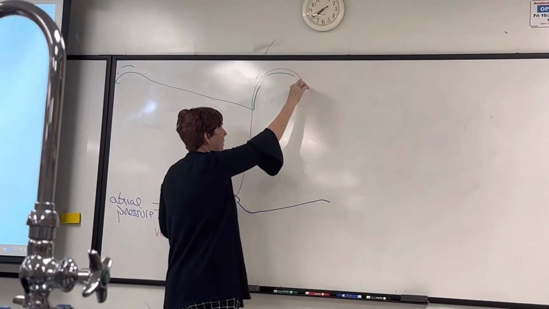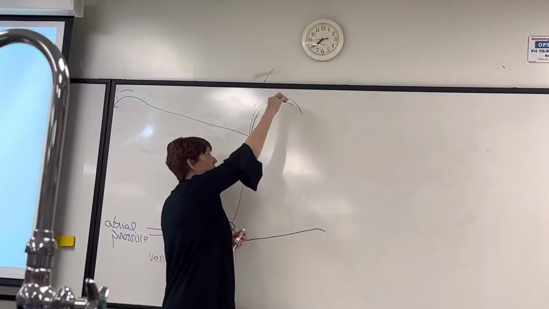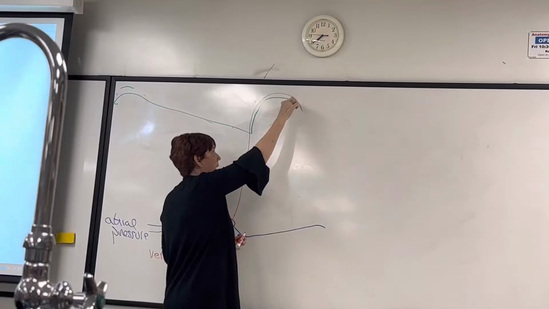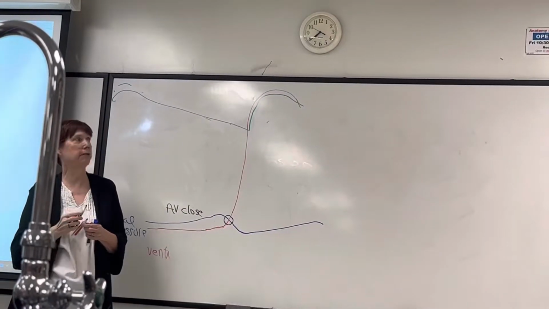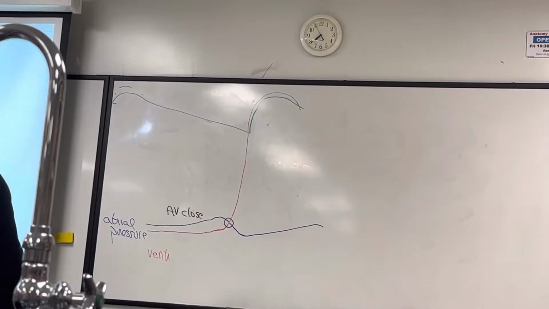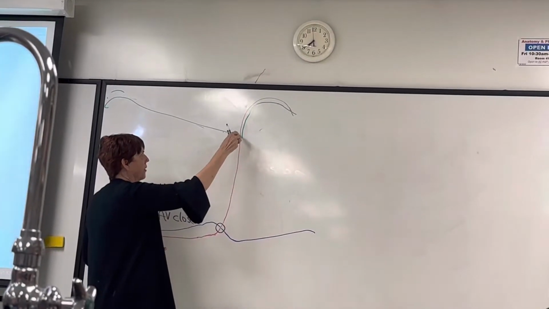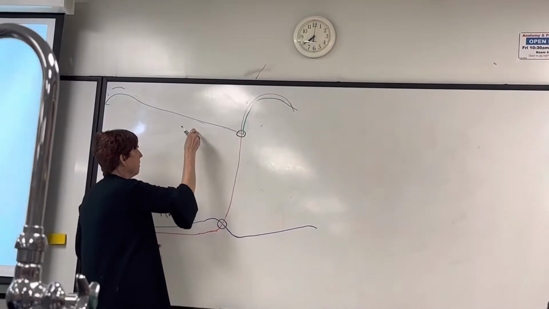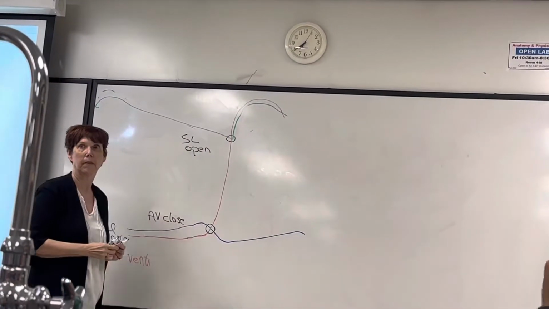The ventricles relax and pressure drops. As pressure drops, blood backflows in the aorta, and its pressure ends up being higher than the ventricular pressure. So at this point, when aortic pressure is higher than ventricular pressure, the semilunar valves close.